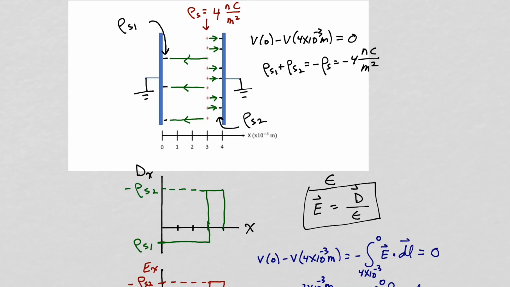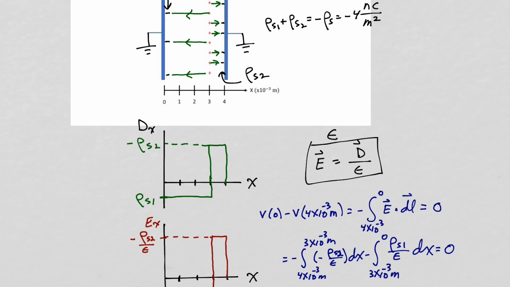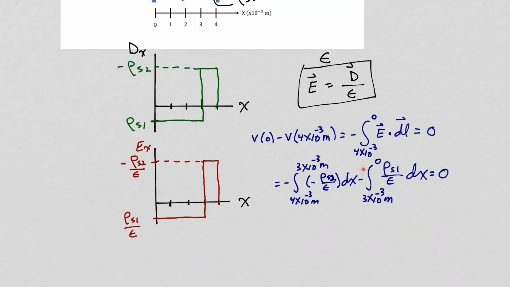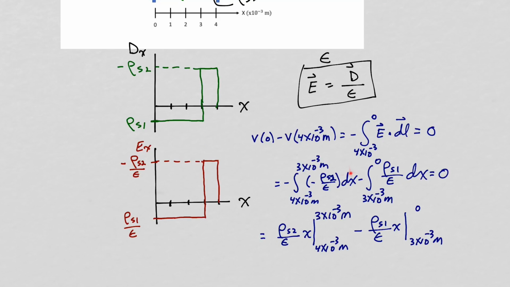And this integral can be broken up into 2 parts because we have a constant electric field in this region and a different constant electric field in this region. So here is that integral broken up into those 2 parts. In each case, the integrand is a constant times dx.